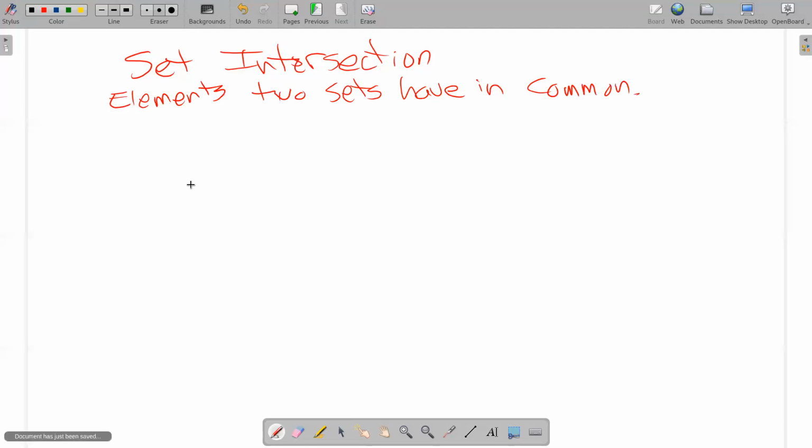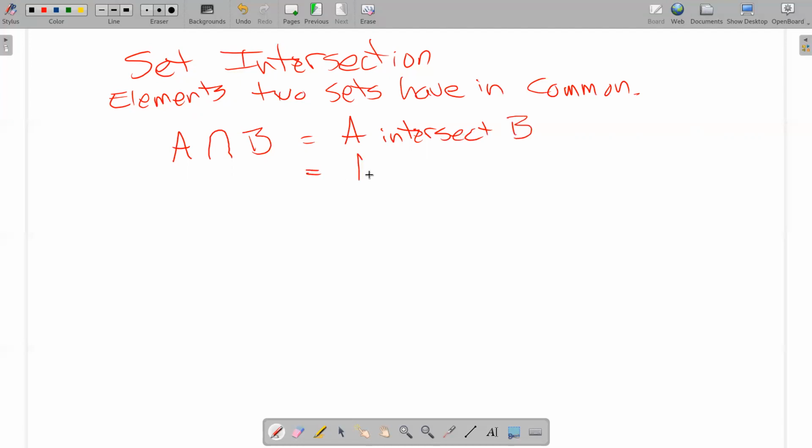The notation for a set intersection is an upside down U. So this is the intersection of A and B. Sometimes it's read A intersect B. Sometimes instead of the word intersect, we use and. So A and B. So it's any element that's in A and in set B. And intersection is that upside down U. Sometimes that's called a cup. Or no, that would be called a cap. Cap symbol.